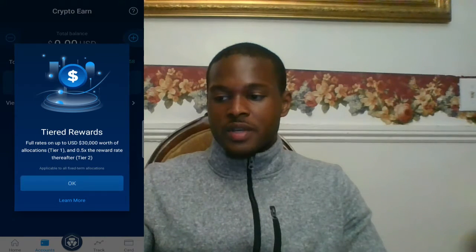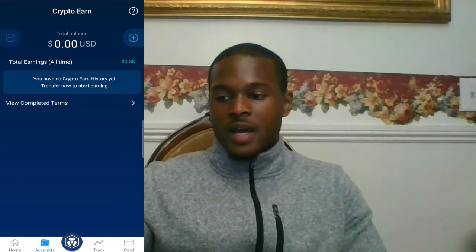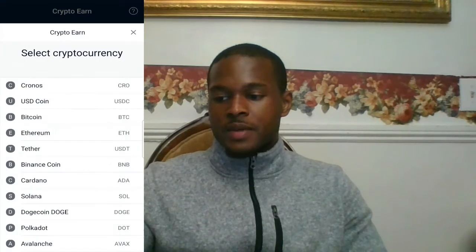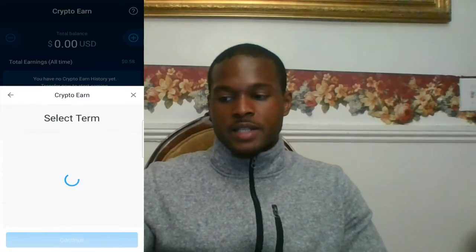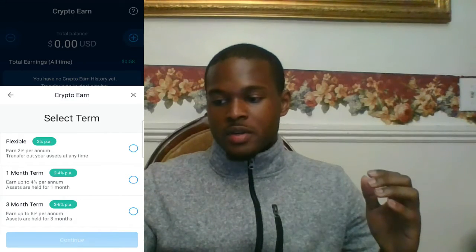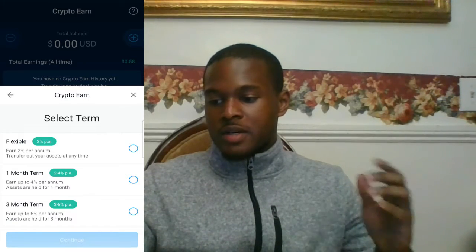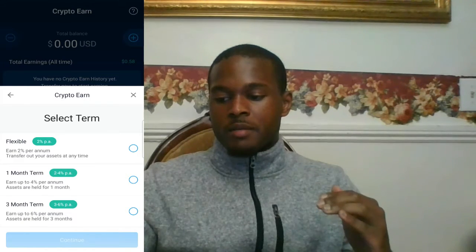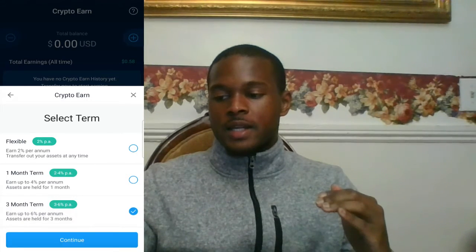Okay, so I don't have anything staked right now, but you can choose to stake. Let's say Cronos, because that's their coin. And then look at the payments. They have flexible, earn 2%, 1 month term, earn 4%, 3 month term, earn 6% per annum. And then let's just click this one.